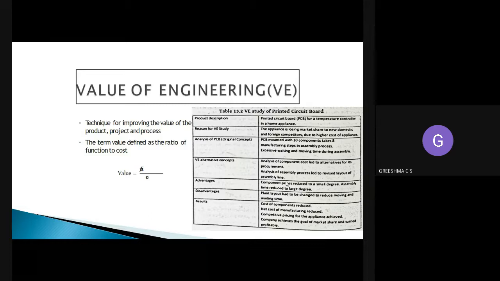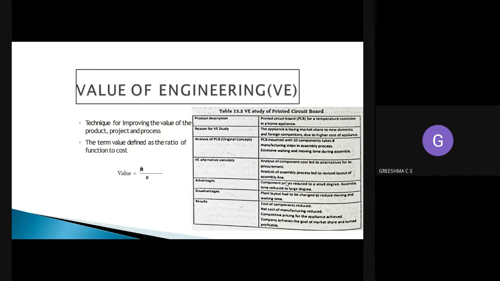Next is results. The result is that the cost of components has been reduced, the net cost of manufacturing has been reduced, competitive pricing of the product has been achieved, and the company achieves its goal of market share and turns profitable. So finally, at the end of the day, the result of value engineering should be that the company is able to gain profit in the market. Now, we were doing value engineering of a PCB.